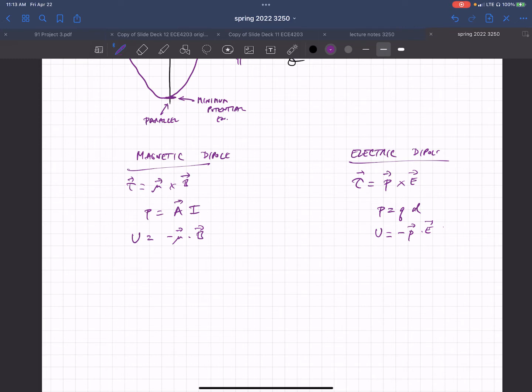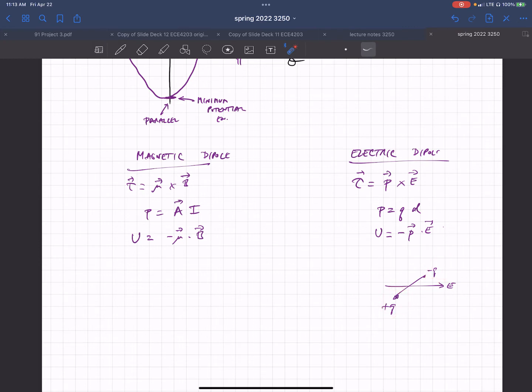The one big difference, obviously, is that if you look at an electric dipole, let's say this is the E field, which I'm drawing in the wrong place, sorry, you'll actually see a plus charge and a minus charge at either end of this pole.